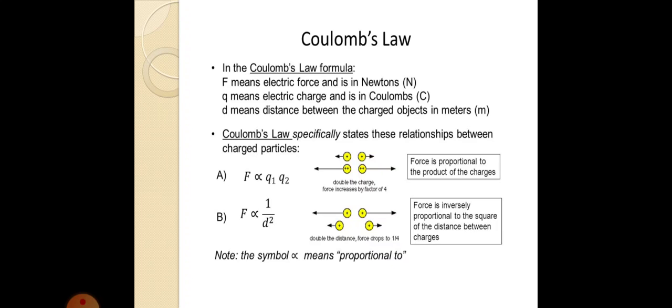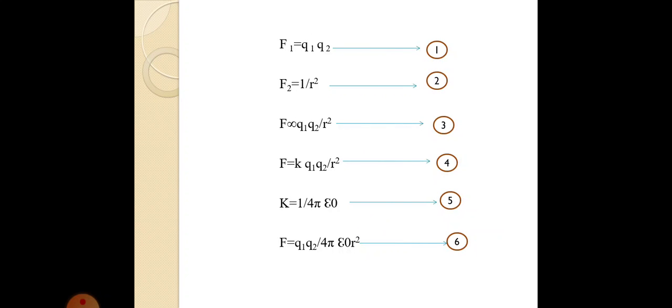The second law: the force is inversely proportional to the square of the distance between them. So F is inversely proportional to 1 by r squared. r is the distance between the charged objects, in SI unit meters. So F is proportional to Q1 Q2 and F is proportional to 1 by r square.